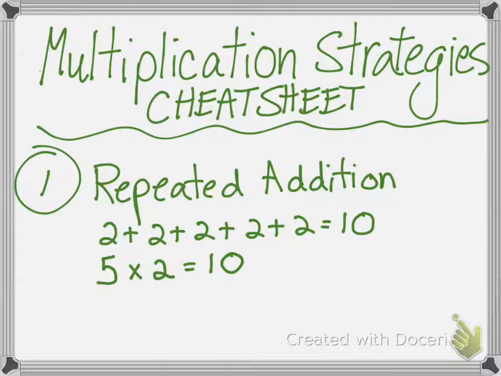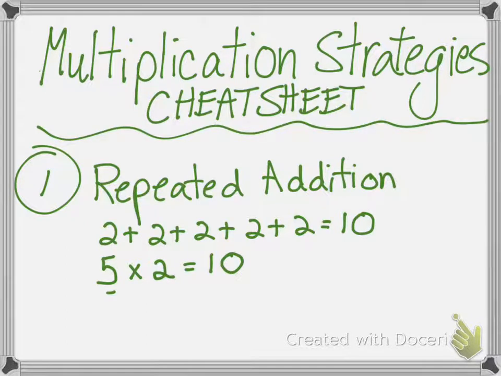Okay, so one way to think about multiplication is if it says to you 5 times 2, then you think to yourself, I have got to add 2 5 times. So you start counting by 2s and you have to do it 5 times.